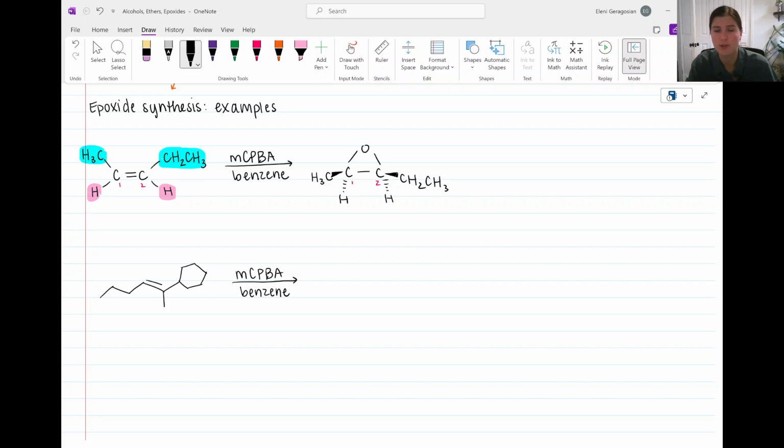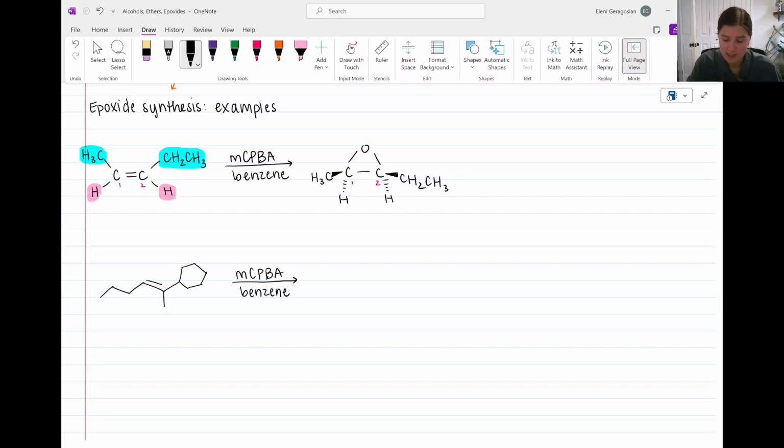So that's 4 different groups. We know it's a stereocenter. Carbon 2 is bonded to a hydrogen, an ethyl, the oxygen, and that other carbon chain. 4 different groups again, so we have a stereocenter. If you don't have a stereocenter, you can still draw the wedges and dashes, or you could leave them out. It doesn't matter because it's not a stereocenter.